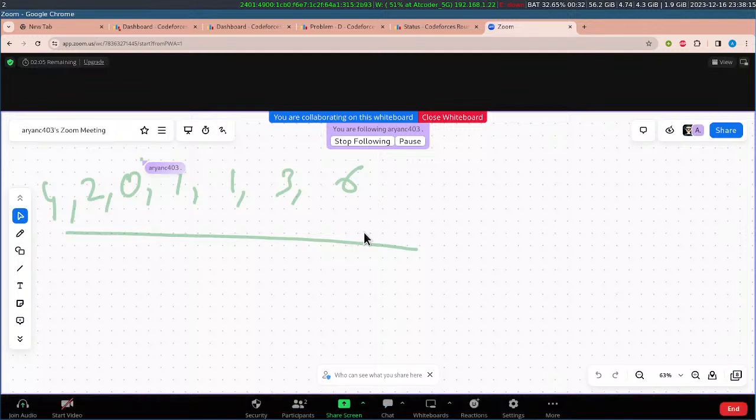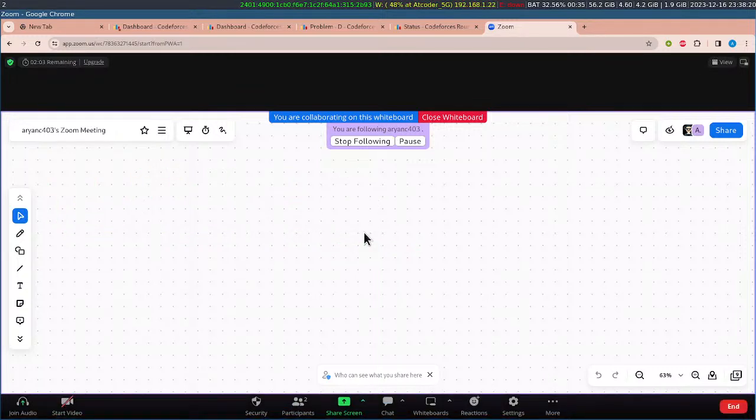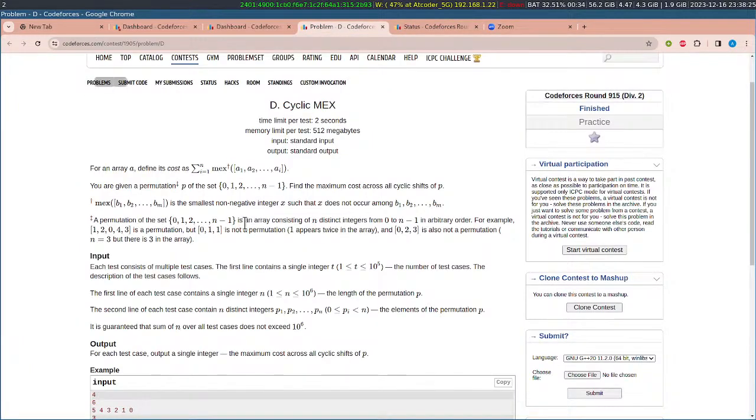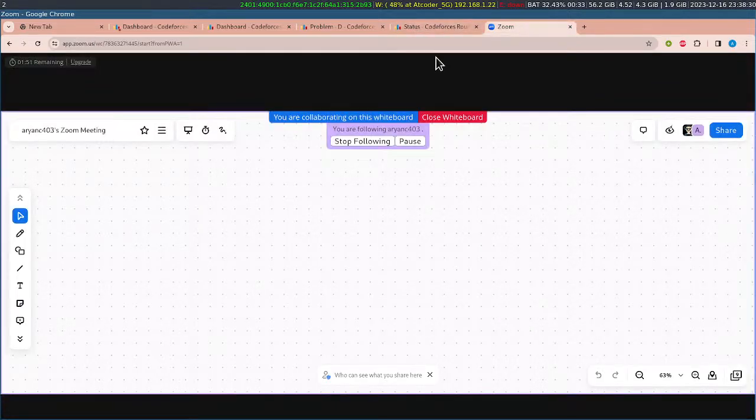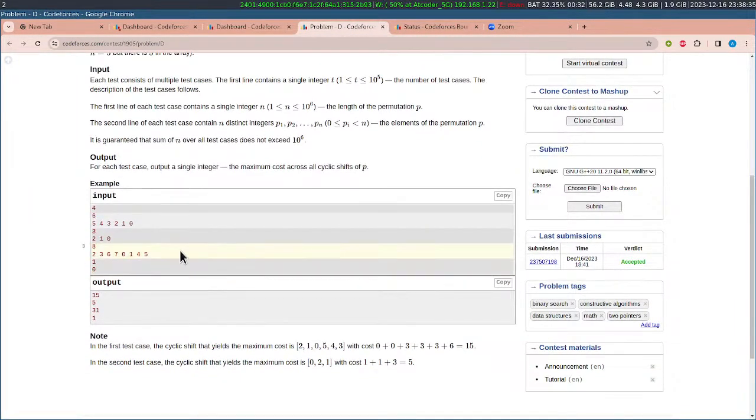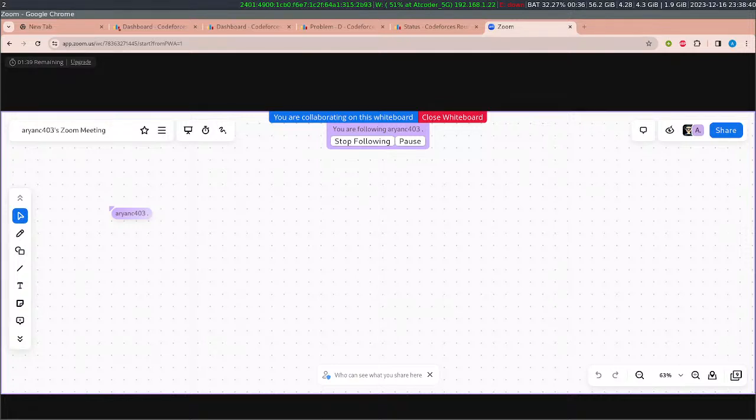One critical observation in this problem is: can we simplify this max operation? Because we are given that A is a permutation, let me take one of the sample examples.